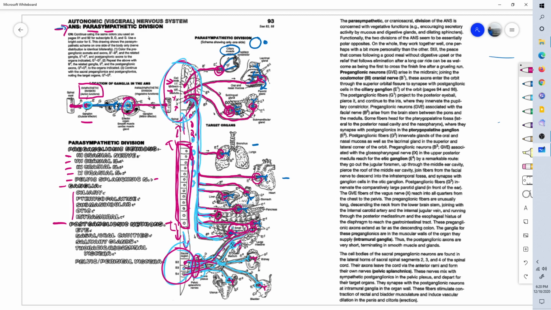Postganglionic neurons, we've discussed them to the eye, to the nasal and oral cavities, to the salivary glands like the parotid, submandibular, and sublingual, and the postganglionic neurons here to the thoracic and abdominal viscera. Postganglionic neurons. And how short they are.